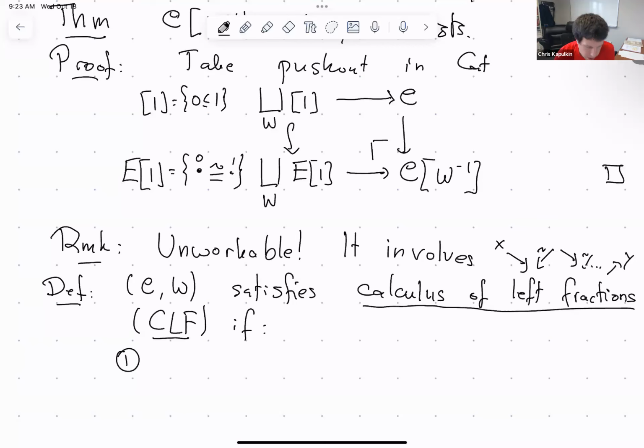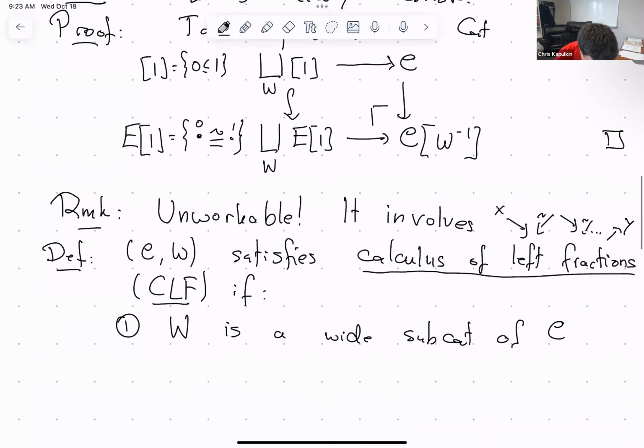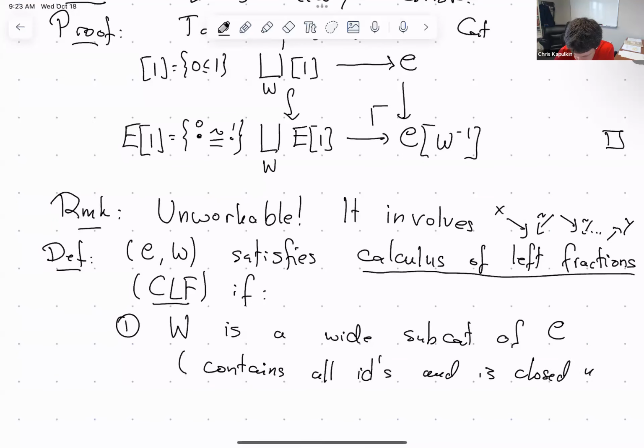So the first condition is that W is a wide subcategory of C. What that means is it contains all identities, and is closed under composition.